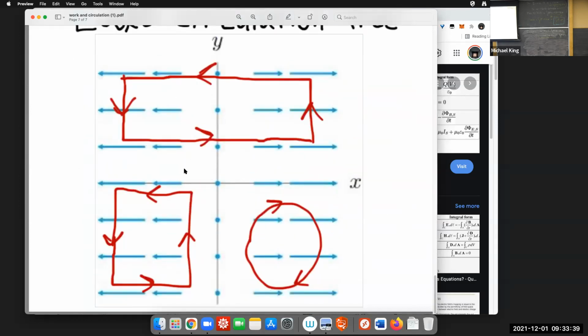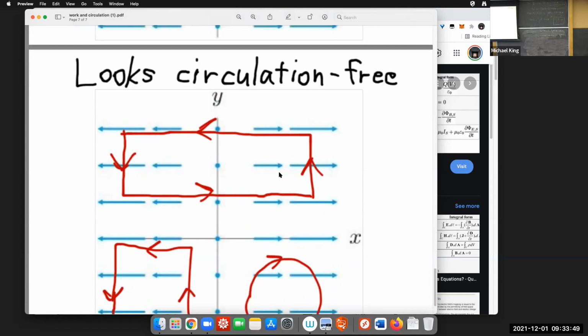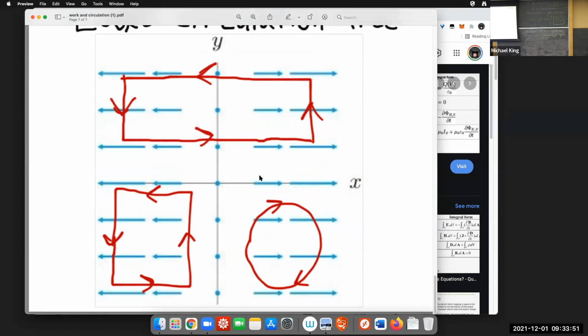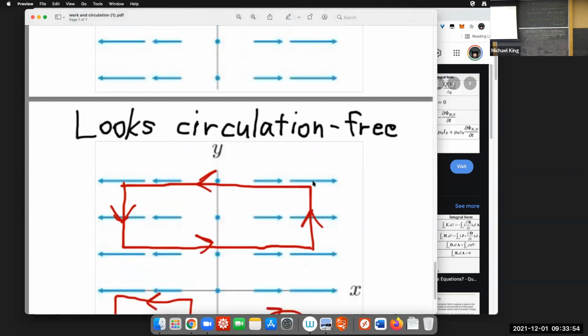It's definitely subtle, and there are some problems on the homework about looking at these and deciding if the line integral is positive, negative, or 0, or if the circulation is possible.